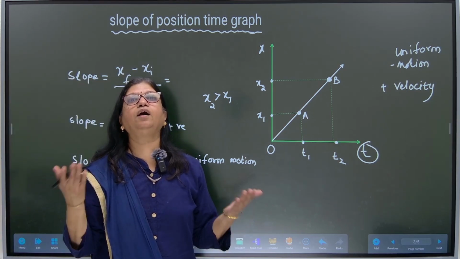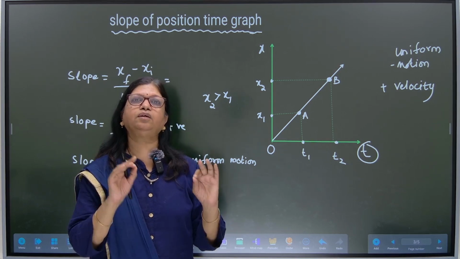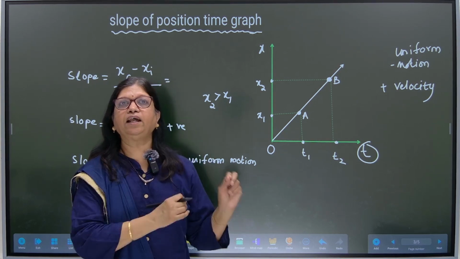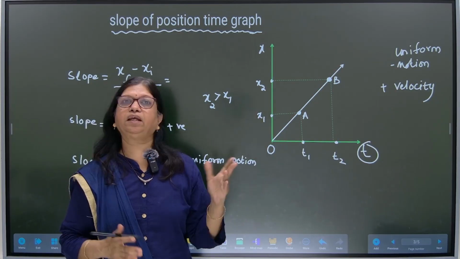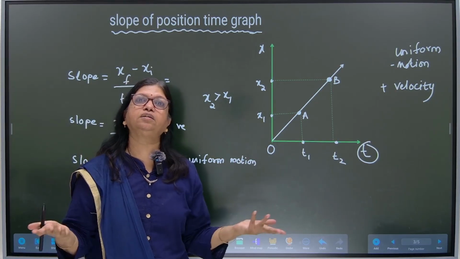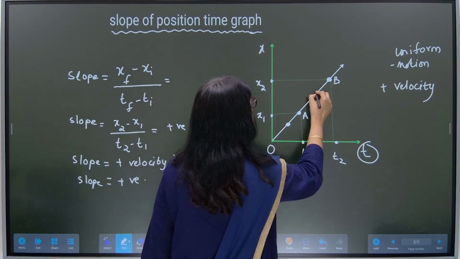This is the way how to calculate the slope of any graph. Take any 2 points, the value of the slope will remain the same on this particular graph. I can do this for any other 2 points on the graph, say this point and this point.